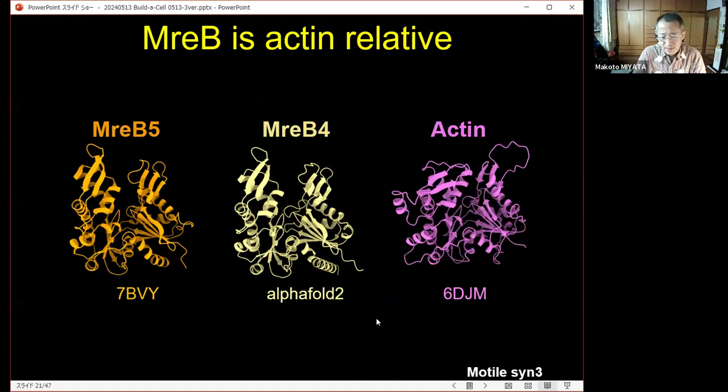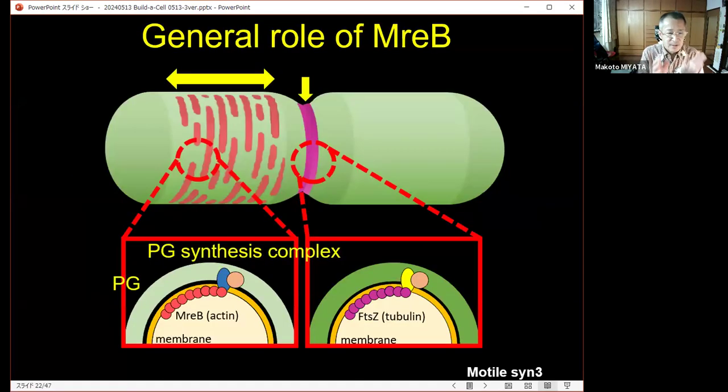You can see the clear similarity of these structures. But MreB protein, though it belongs to the actin superfamily, is not involved in motility at all. Actually, MreB is a kind of ancestral protein of actin, and it forms a kind of short filament. It has a role as a scaffold for the peptidoglycan synthesis complex.